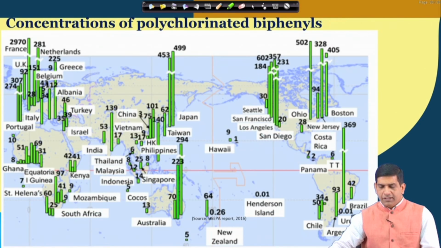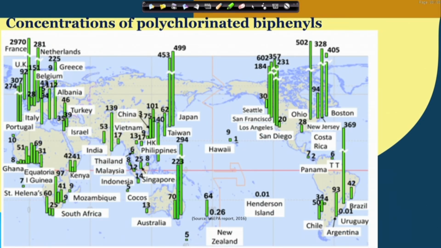Now, if you look at some of these PCB contaminants, concentration in different parts of the world. This is as per the US EPA report of 2016, concentration of bisphenol A, polychlorinated biphenyl.